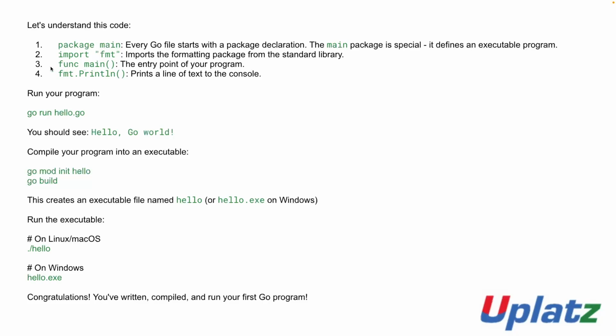We shall discuss it later. Now fmt.Println prints a line of text to the console. Please note that Println will print a line, then make the cursor go to the next line.